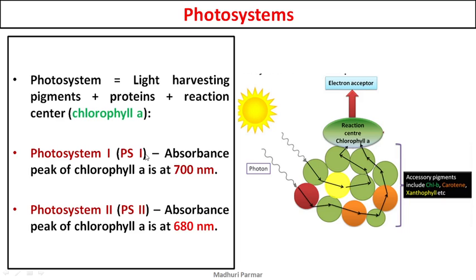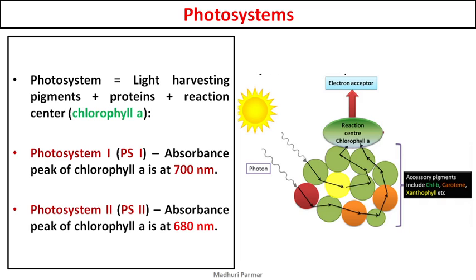PS1 has chlorophyll A which absorbs light at 700 nanometer. Remember this? In the last class we had seen the absorption graphs, the absorption curve. In chlorophyll we saw there can be many types: chlorophyll A, B, C, D, E. Now in chlorophyll A there can be two types.